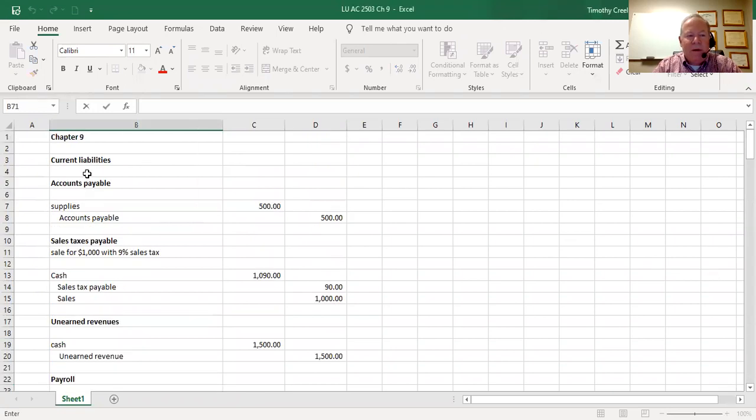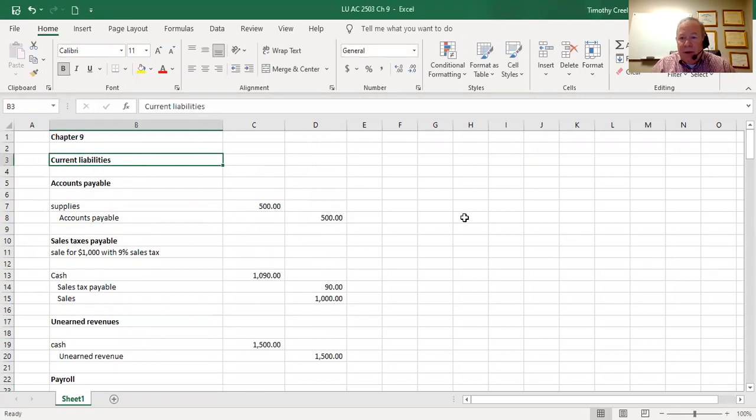Of course, a current liability is any liability that's going to be paid off within a year. And some typical current liabilities, we're going to look at them here, would be accounts payable. It would be some of the payables related to some of the adjusting entries that were looked at in an earlier chapter, such as interest payable, for example.